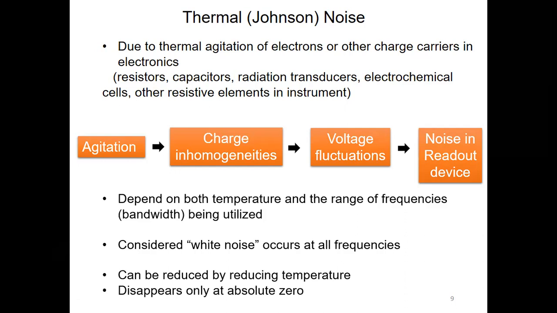We can minimize the temperature of each and every component. By reducing the temperature, we can reduce the thermal noise. And this thermal noise will disappear at absolute zero. What is absolute zero? What is the value of absolute zero?